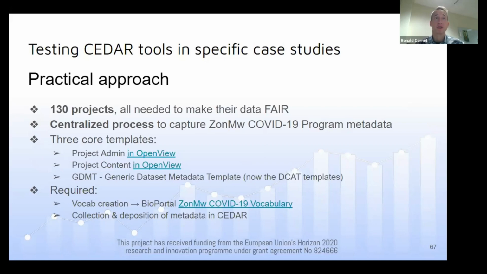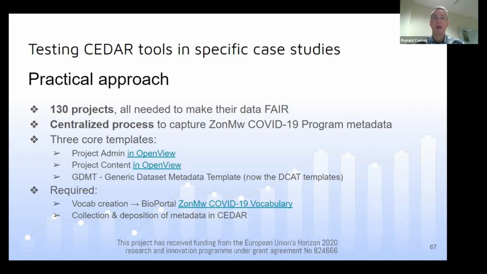A project admin template, a project content template, and then, as you saw earlier, the GDMT, the generic dataset metadata template, which, by the way, is now being replaced by the DCAT templates. So this helps to establish the metadata for those 130 projects in as homogeneous a way as possible.